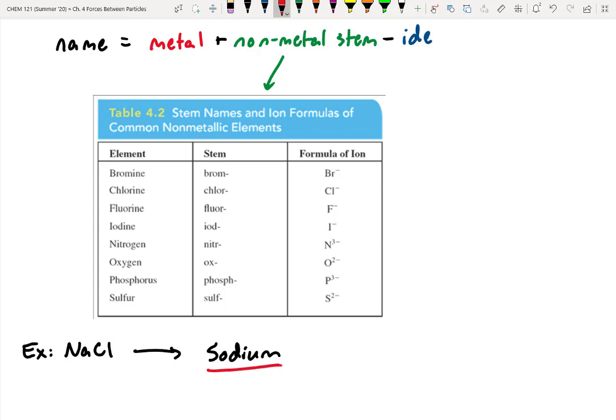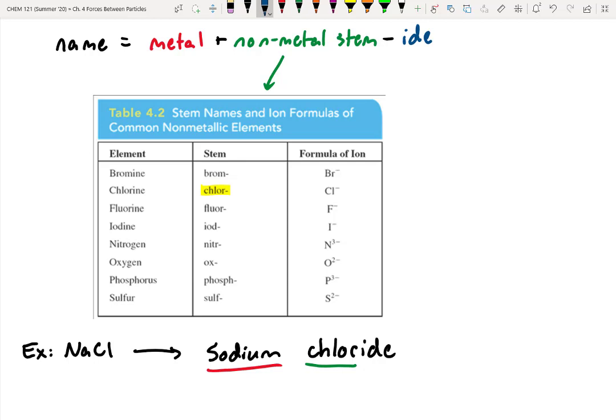We've color-coded it up above. Then we have a space, and after that, we need to include our nonmetal, which in this case is going to be chlor. So I just write chlor, and then the suffix would be IDE. So the name of NaCl would be sodium chloride.